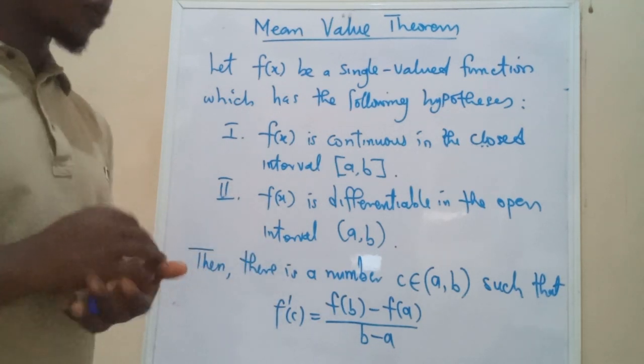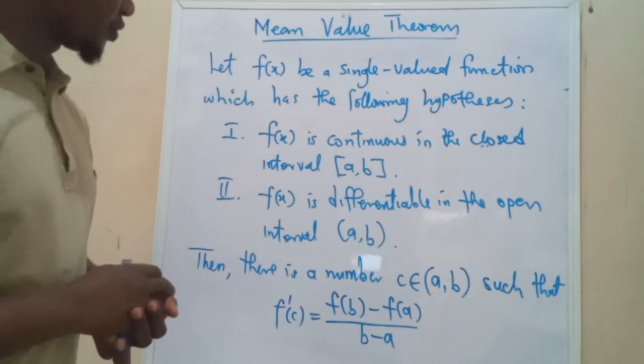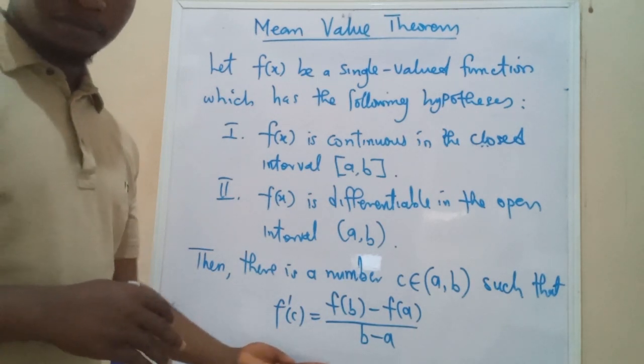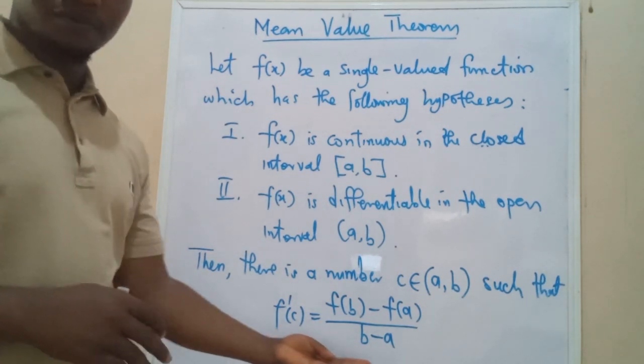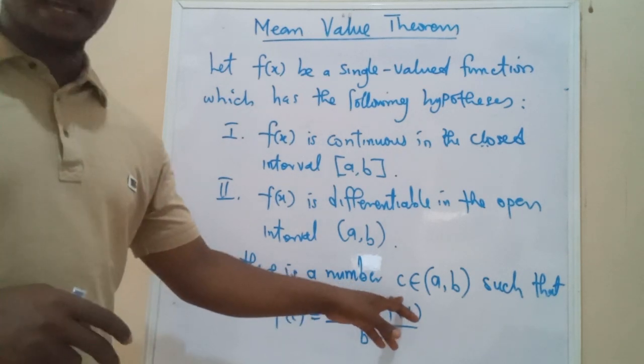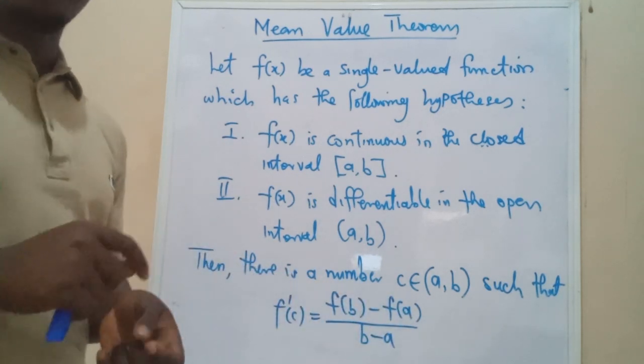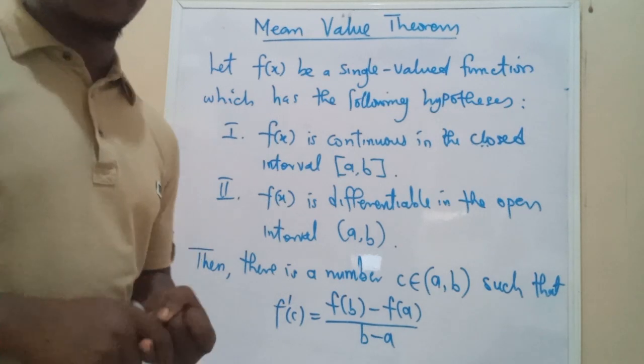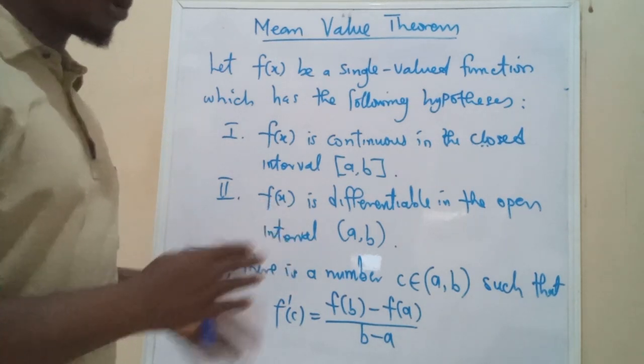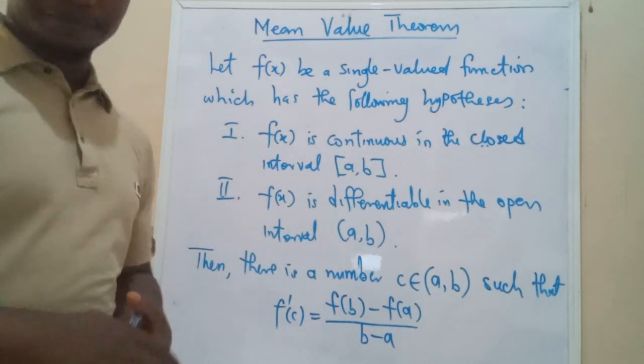So let's quickly look at the proof of this mean value theorem. This is the mean value, and the point C here is the point that is prescribed by the mean value.